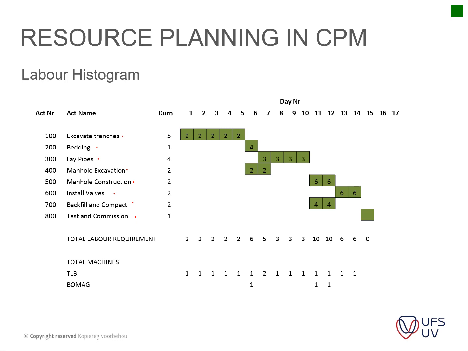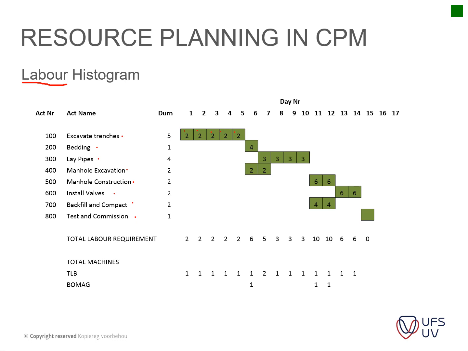But this is now your labor-only histogram. You need 2 laborers in your teams that you can put on for trench excavation. So you've got 2 people that can work simultaneously in the trench.